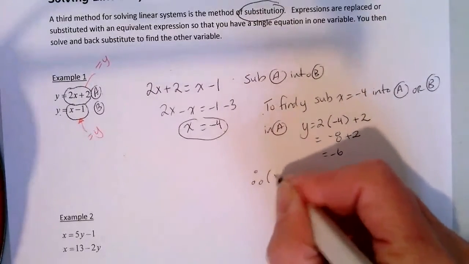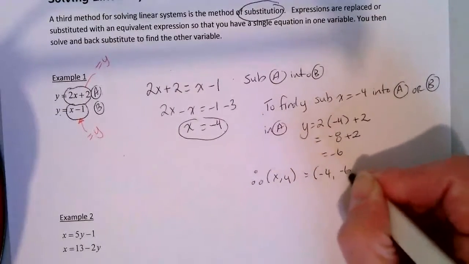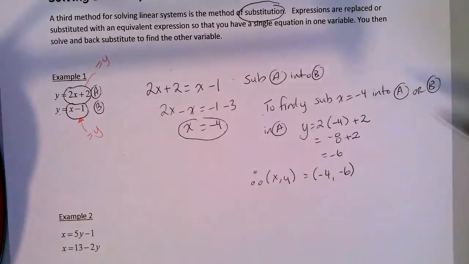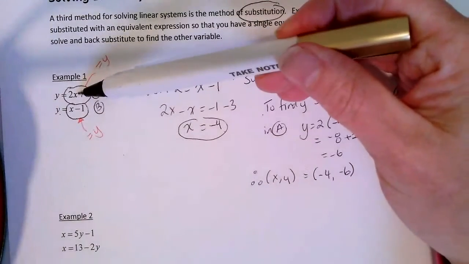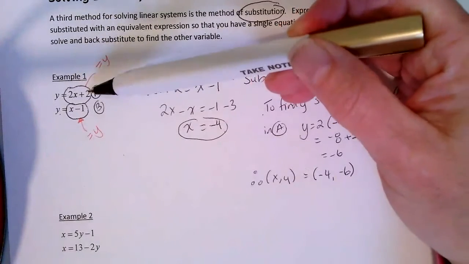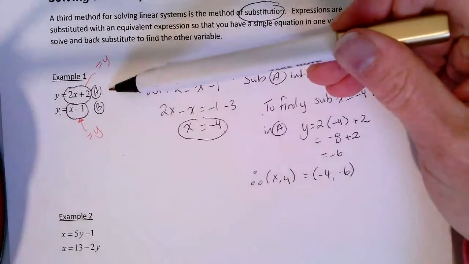So our solution then should be xy equals -4, -6. So let's just do a quick check. So if I replace x with -4, -4 times 2 is -8 plus 2 gives me -6. So it works in equation A.